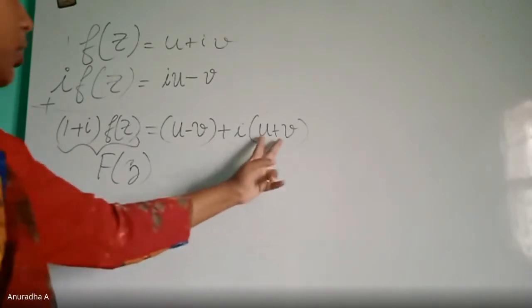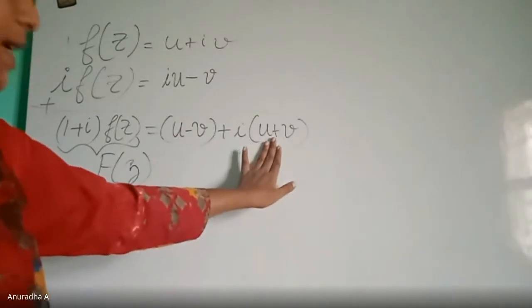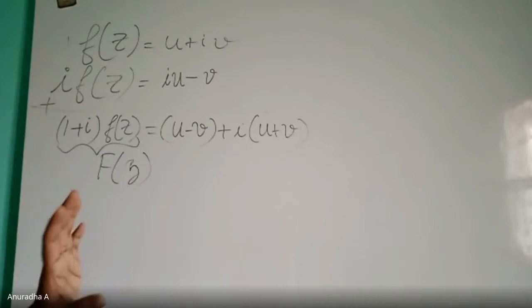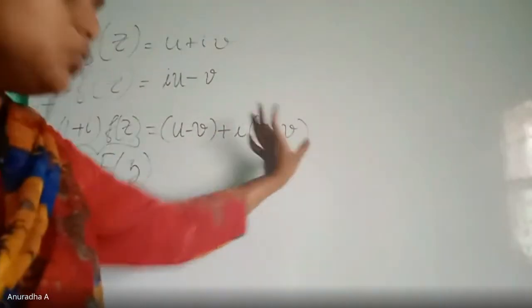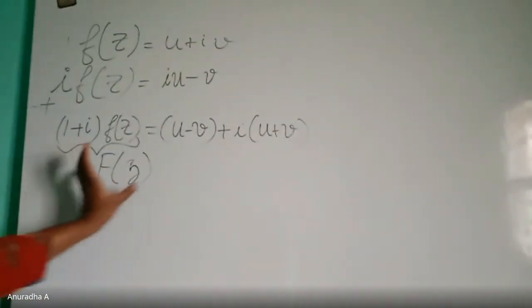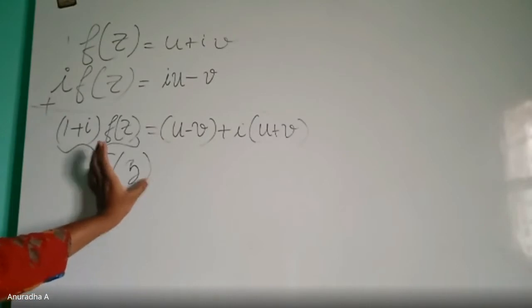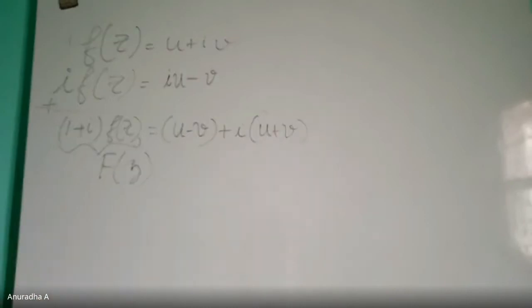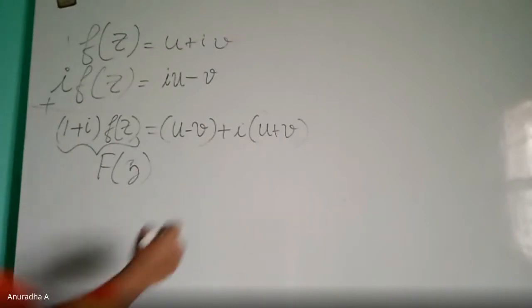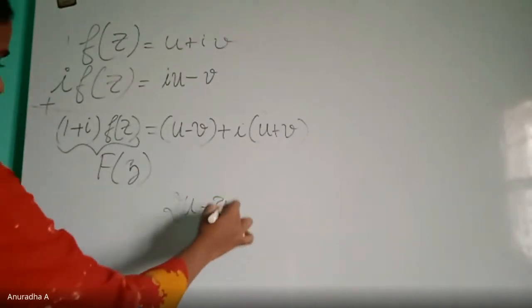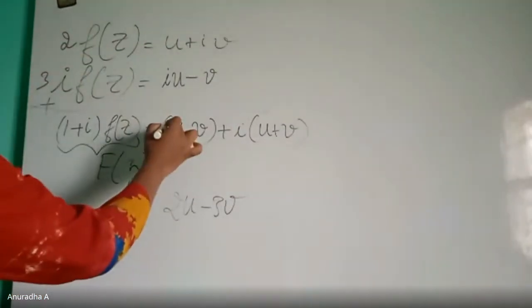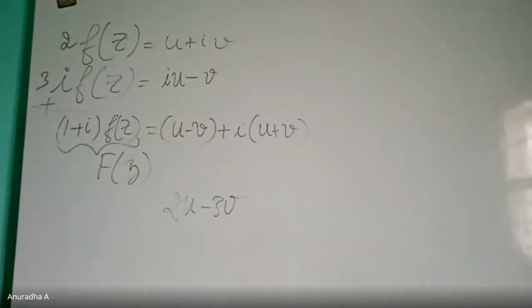Or if u plus v is given in the question, then you think of capital F of z as the solution whose imaginary part is u plus v, and you find the solution for capital F of z first. To move back, divide by 1 plus i. That's all. In the same way, if the question is 2u minus 3v, then what do we have to do? Multiply this by 2 and multiply this by 3, so that you will have 2u and 3v.